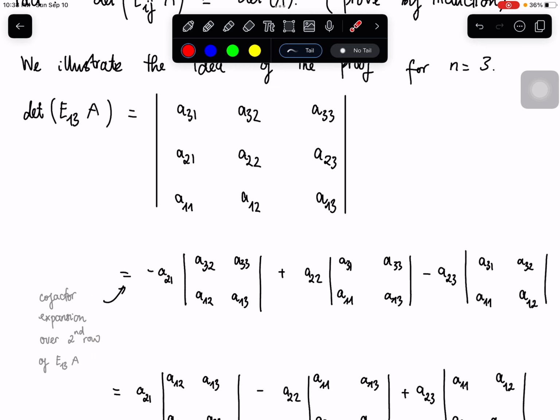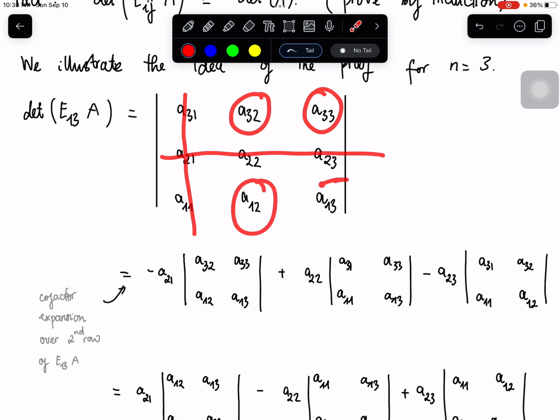So the cofactor expansion over the second row is A21 times the cofactor of A21, right? A21 times minus 1 to the power 2 plus 1, so that's minus 1, times A21, times the determinant of the matrix after deleting this row and this column, with entries A32, A33, A11, A13.